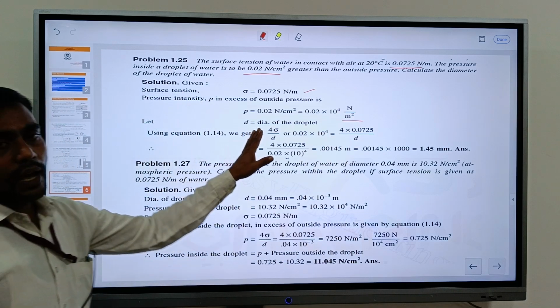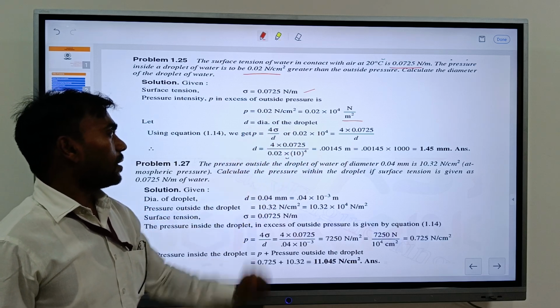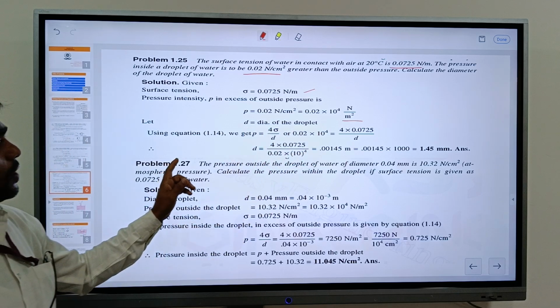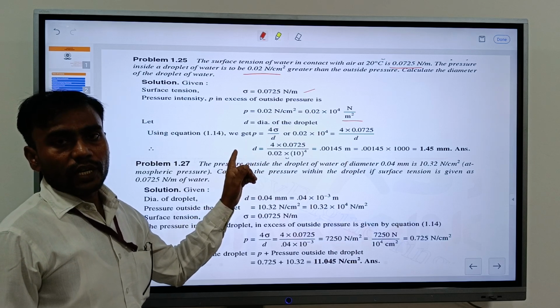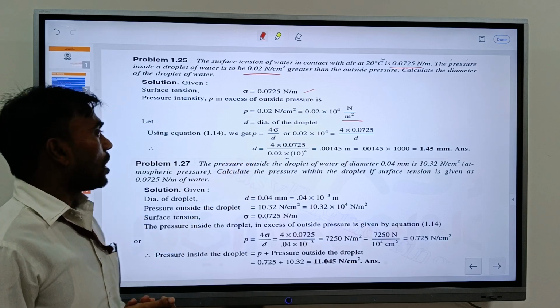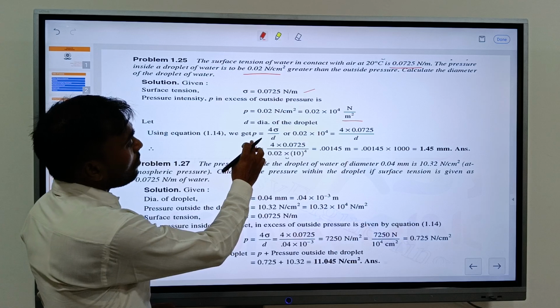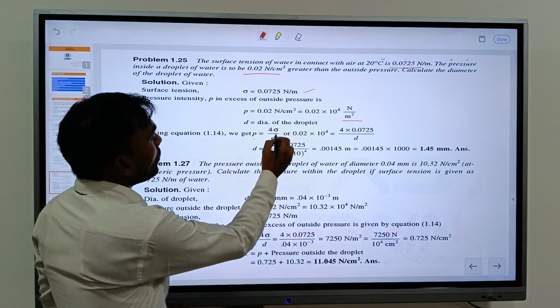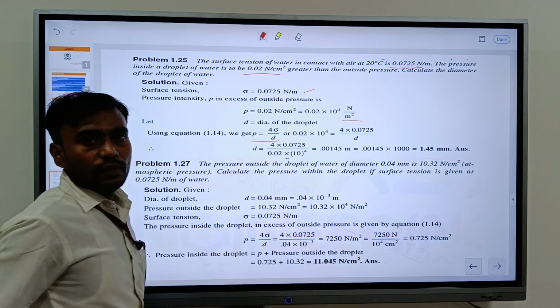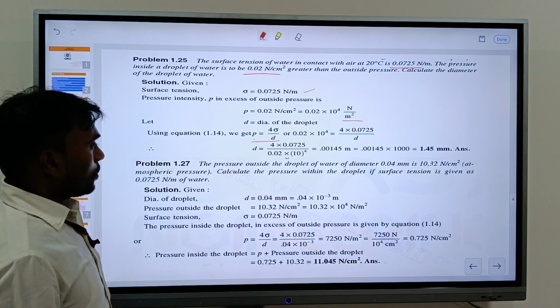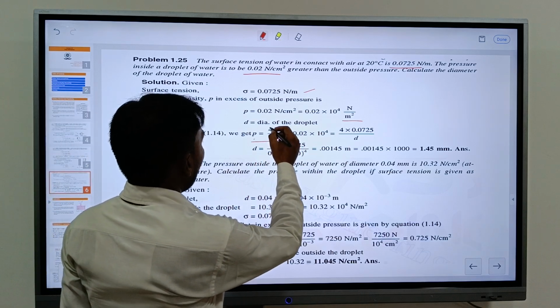Let us consider the diameter of the droplet will be small d. If we use the equation for surface tension in a liquid droplet, so what will be the equation? The equation will be P equal to 4 sigma divided by small d. So put all the values which are given here.